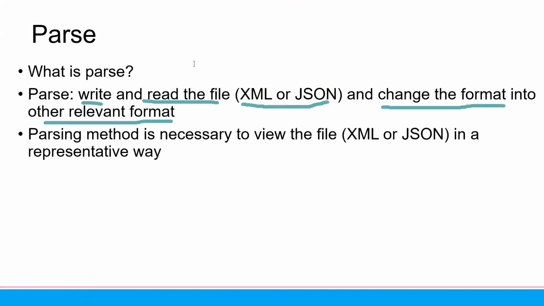If you are working with Java, you can see there are a lot of parsing methods, like parseInt. It means you want to parse something, let's say a string, into an integer. You can also have parseDouble, where you want to change from string to double. So parse means you want to change one format into another relevant format.